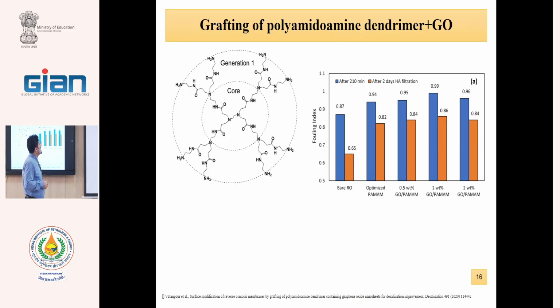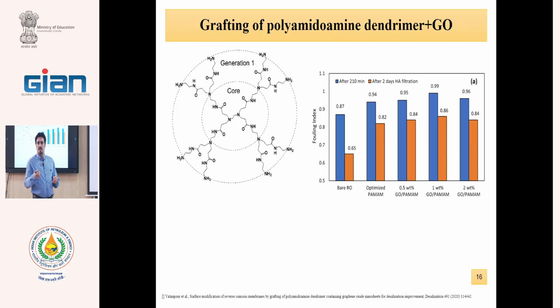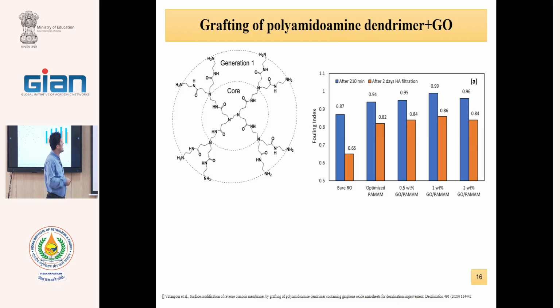Grafting is a chemical bonding. In the grafting, for example, we can graft this dendrimer to a graphene oxide, and then this group can connect to the membrane surface. Therefore, we have a chemical reaction. We can modify the nanomaterial surface for connection to the membrane surface layer.